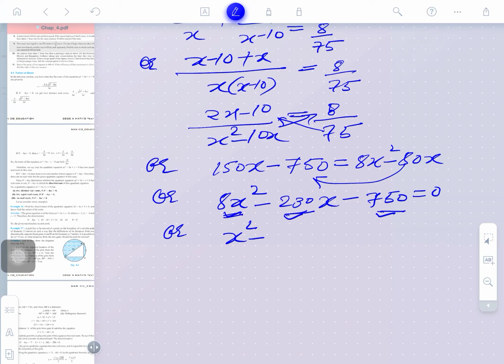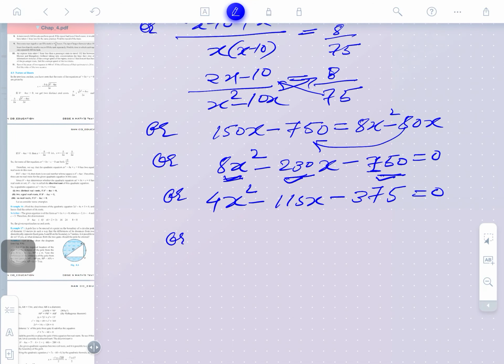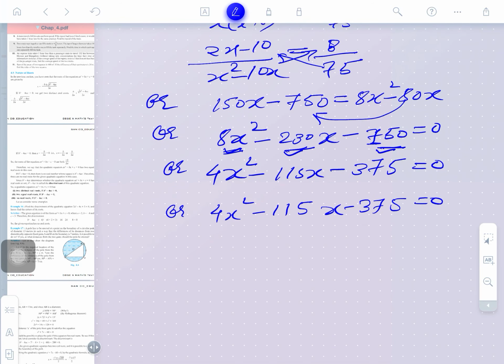Eight x square, 230 and 750 can be cancelled by 2, and here 115. So 4 of x square, 115 of x, 375 is equal to 0. There is a quadratic equation, okay.